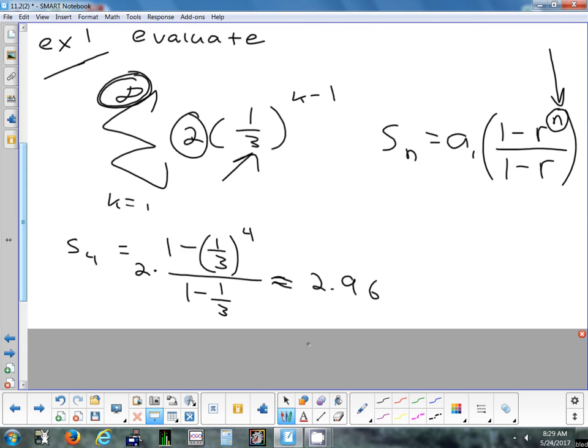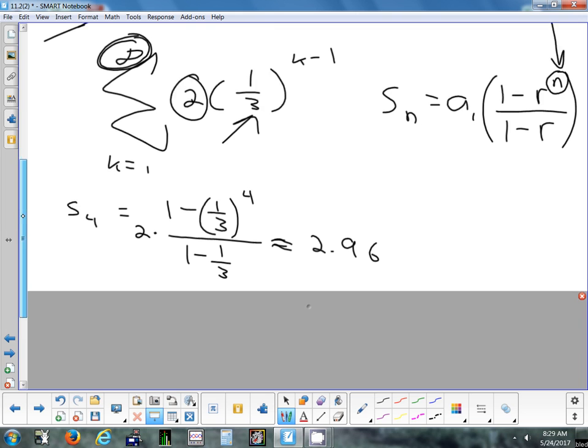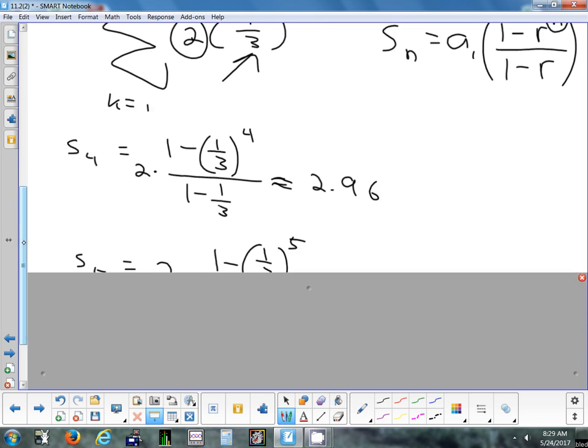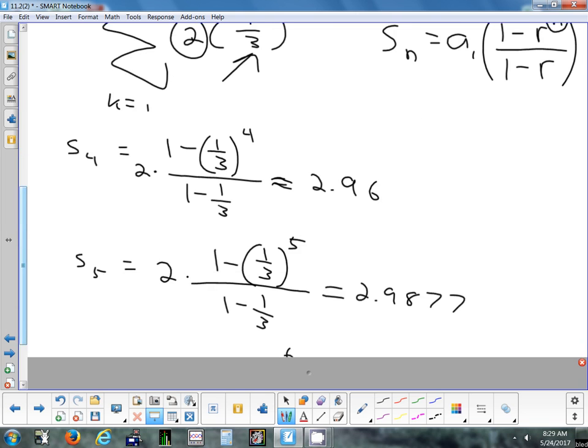I filled in the formula Quinn just gave me. And I did it for what happens if you add up the first 4 terms. Even just adding up the first 4, I can already see it looks like it's approaching a number. What does it look like it's getting close to? 3. If you add up the first 5 terms, that confirms what we just said.